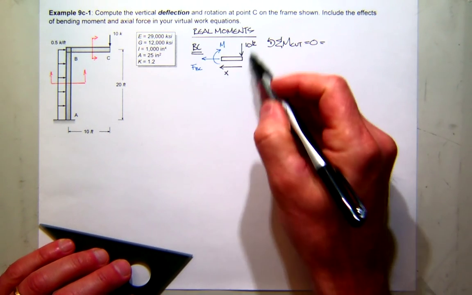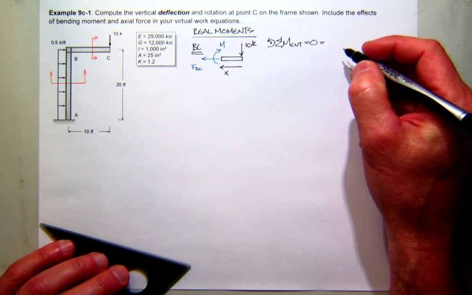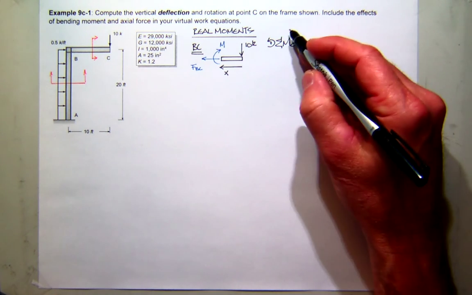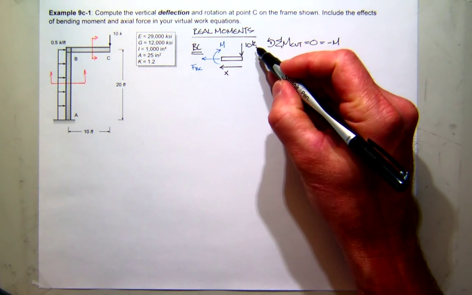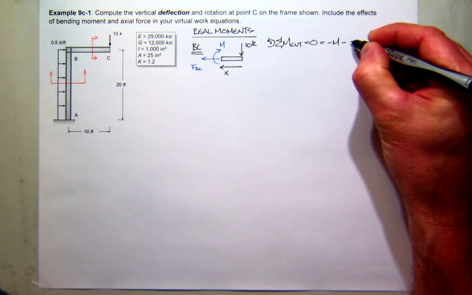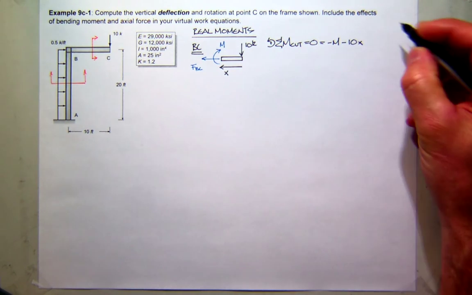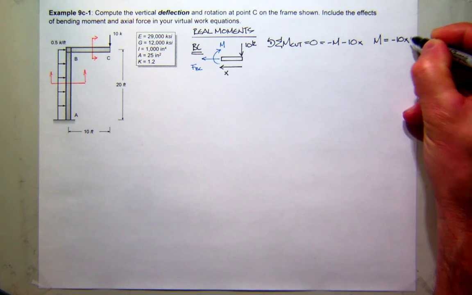When I look at this free body diagram, my assumed direction for the moment is positive or negative with my sign convention? Negative, right? And then the 10 kip force on the end at a moment arm of X is also creating negative moment. So the moment is simply just minus 10x.